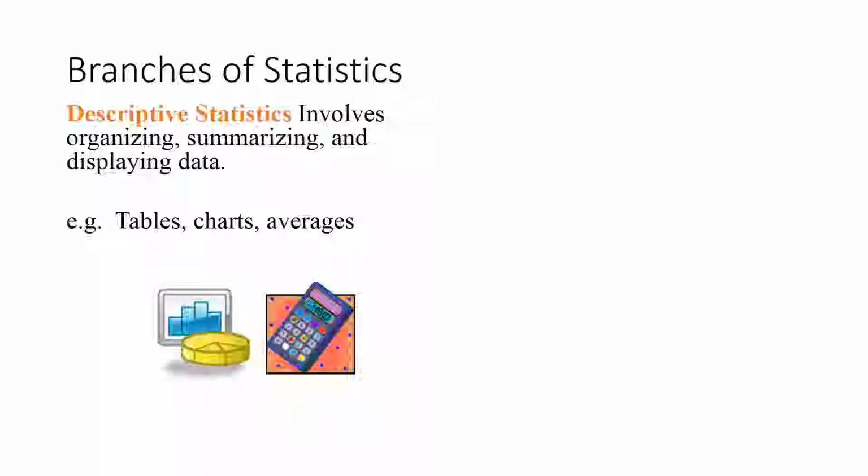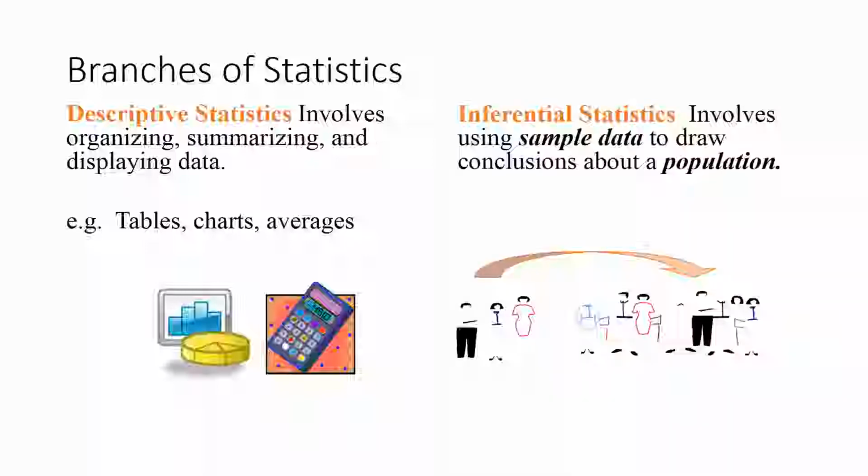There are several different branches of statistics. First is descriptive statistics, which is about organizing and summarizing and displaying the data. So it's just showing you the numbers. There's no manipulation. It's just the numbers. It's things like tables and charts and averages.